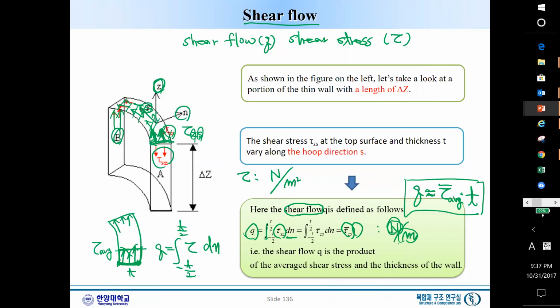So to get the force out of this shear flow, you have to multiply Q times some length, which needs to be understood to calculate the shear force. That's the definition of a shear flow.